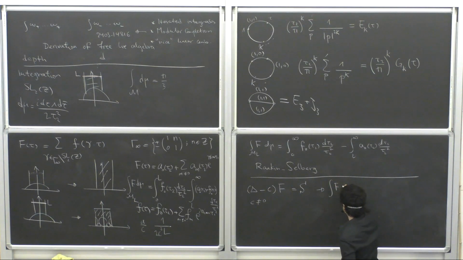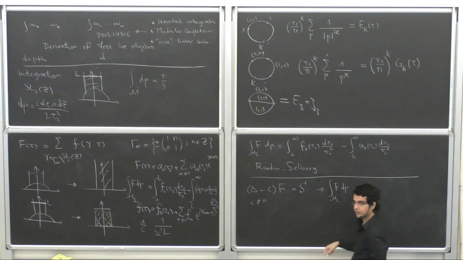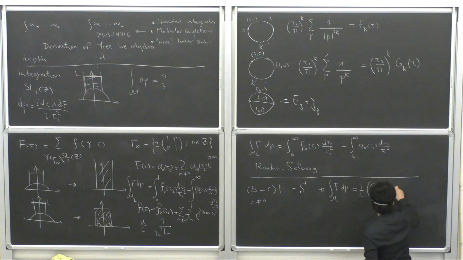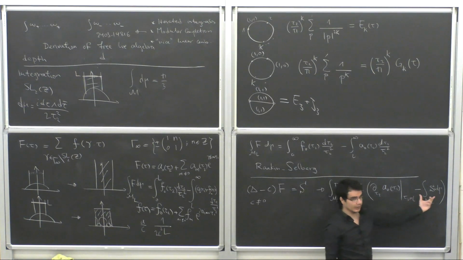Then the integral of f is 1 over c times the integral of the Laplacian of f, and this is a0 minus the integral. So now I have to know how to integrate this source.